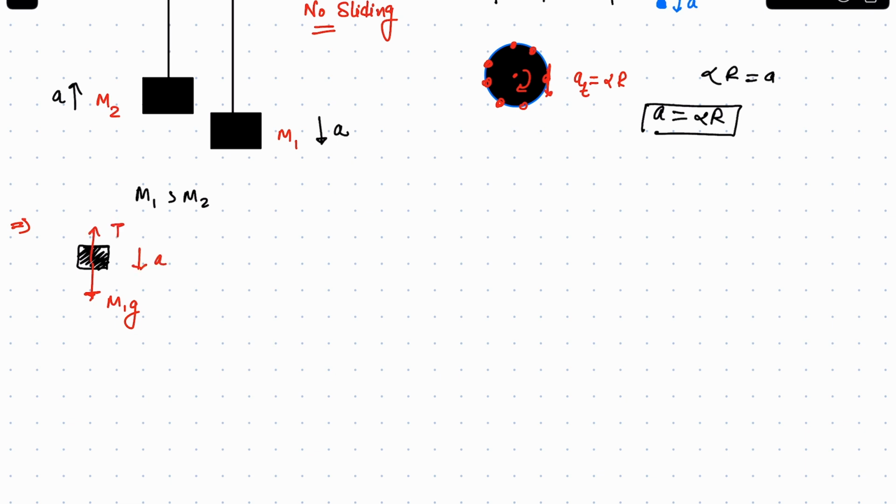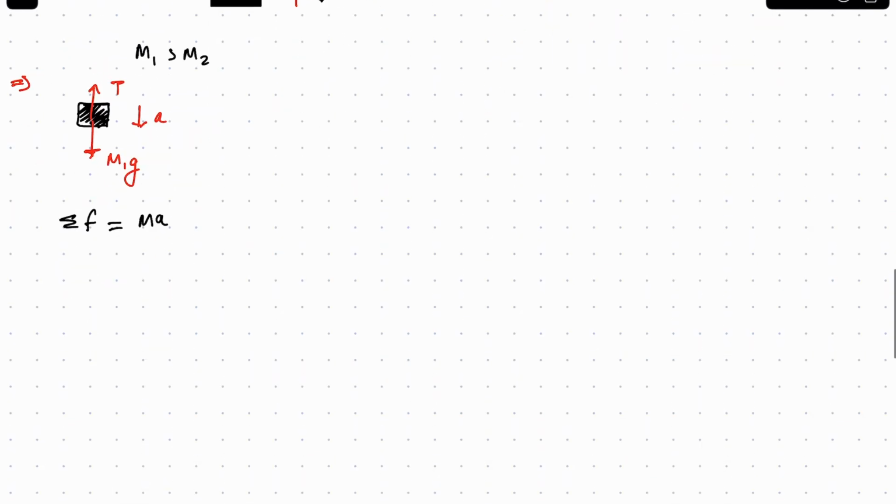So the total force equals mass into acceleration, according to Newton's law. Let's take downward as positive. Then m1g minus T equals m1a. I'm sure you must have done this kind of calculation in Newton's laws.